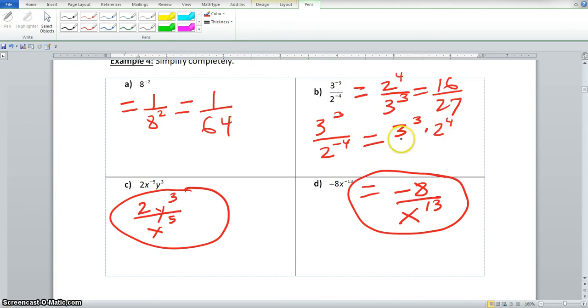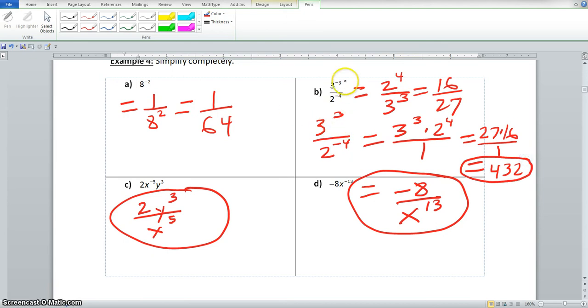And since there was nothing left in your denominator, it will be 1. Now, 3 to the 3rd, we know we will end up with 27 times 16 all over 1. And we could just take 27 times 16, which will equal 432. And we don't have to put it over 1.